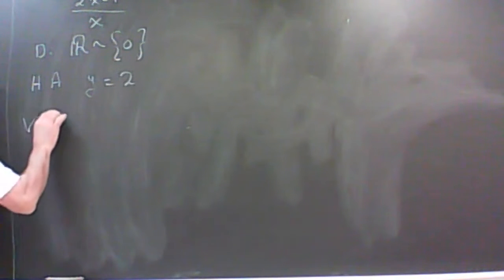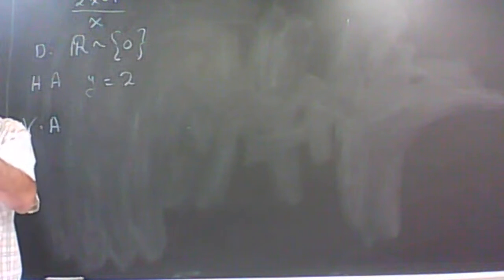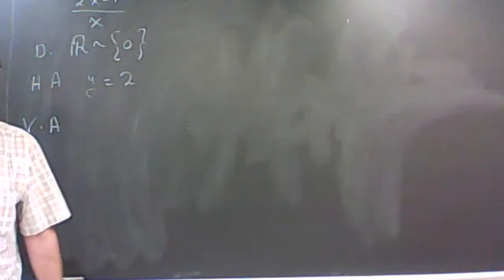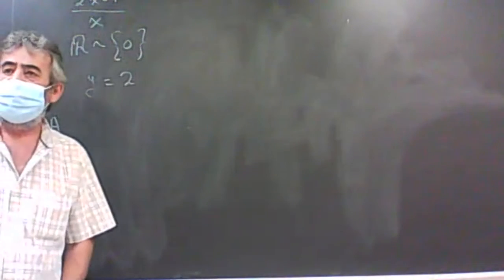That's your horizontal asymptote. Now let's take a look at the vertical asymptotes. For the vertical asymptotes, we only have one possible vertical asymptote, right? Which is 0. It's only multiplicity 1, right? So I don't have to worry about anything else. If I put 0 in the numerator, do I get a 0?